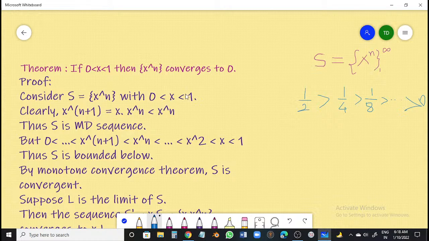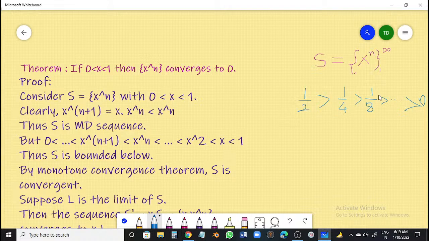So if I multiply both sides by x raised to n, what I will get is x into x raised to n is smaller than x raised to n. What do we mean? Every next term is smaller than the previous term. So the sequence is a monotone decreasing sequence, or a non-increasing kind of sequence.